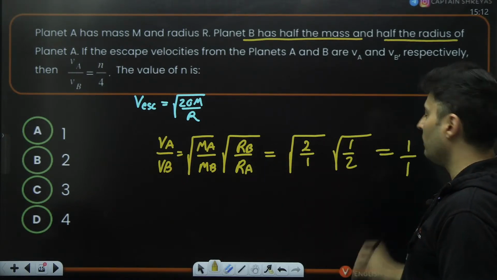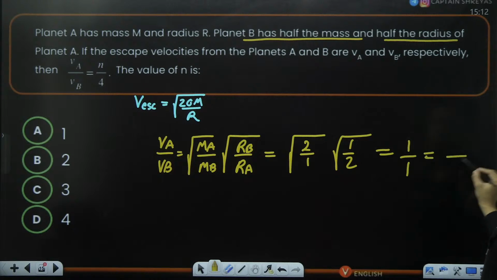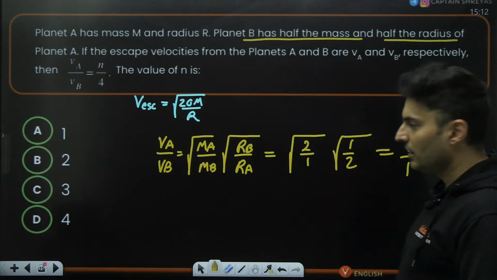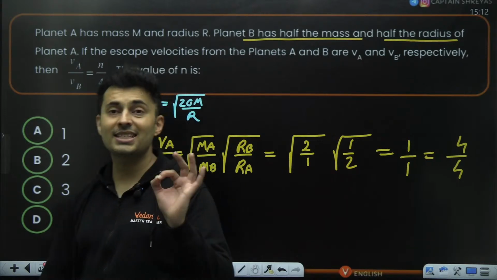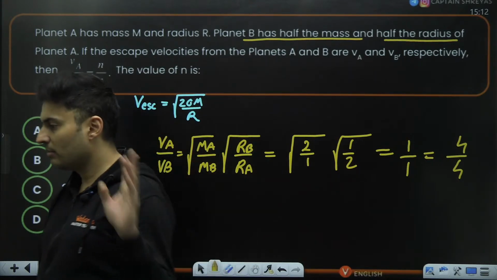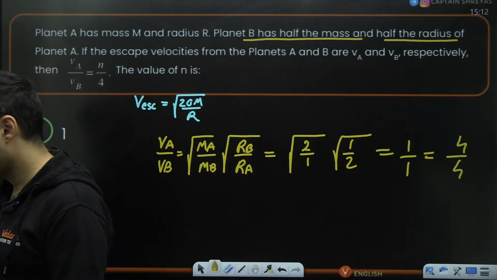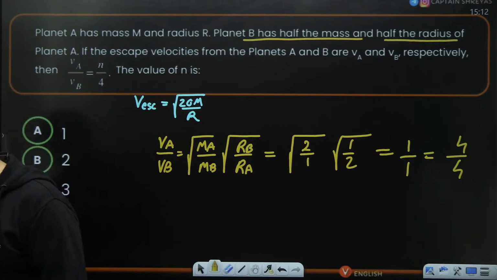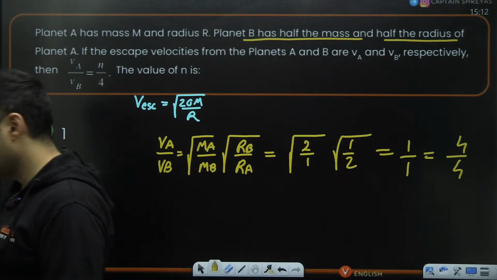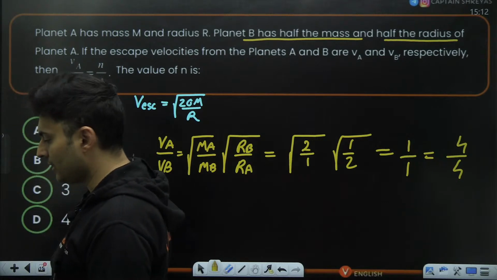Oh my god, this is 1 by 1. So if I have to write it by 4, I have to put 4 over here. That's it. So the answer is 4. So both the planets have the same escape speed because of all the things. Very good. Excellent, guys. Some of you got it, some of you made a mistake, but yes, that is the correct answer.